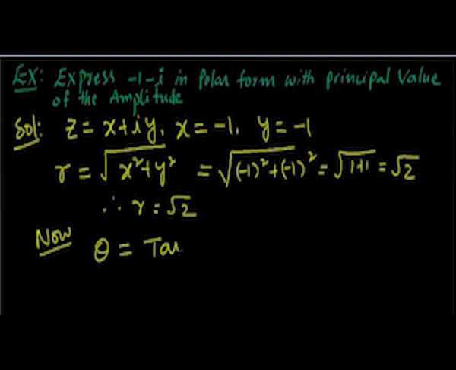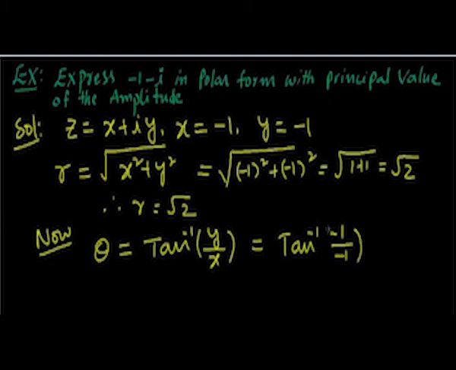Now let us find the amplitude theta. Theta will be tan inverse y by x. So here y value is minus 1 and x value is also minus 1. So that is tan inverse 1.